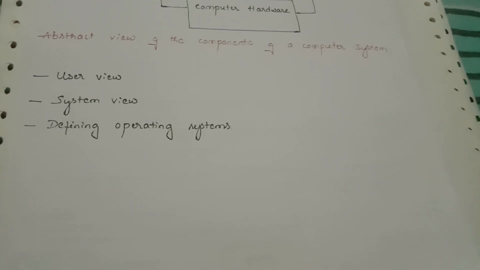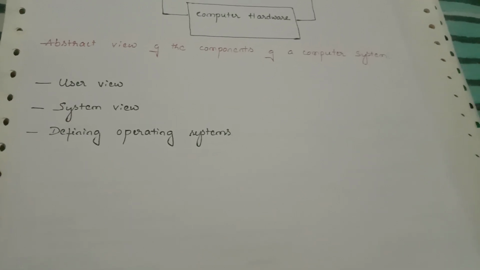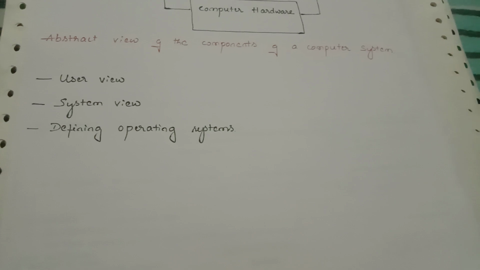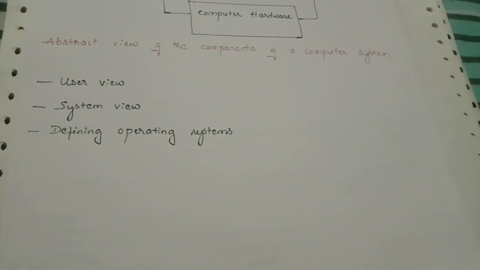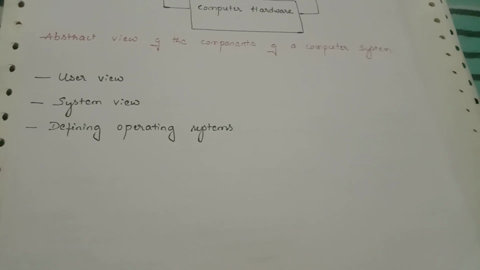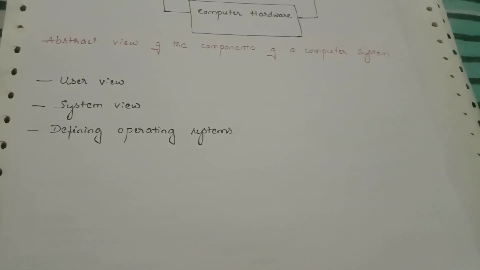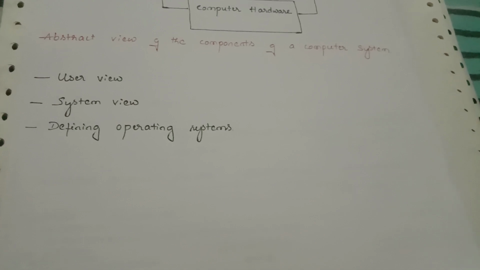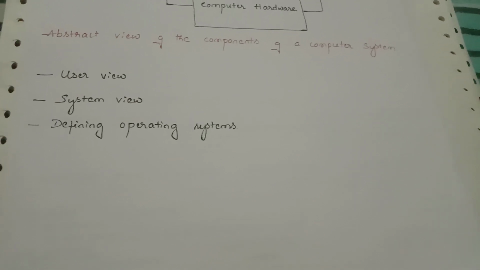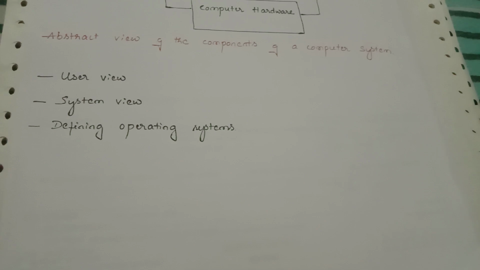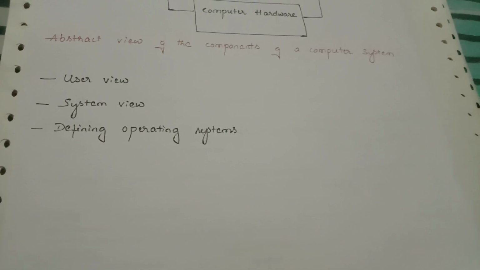Some computers also have little or no user view. For example, embedded computers in home devices and automobiles may have numeric keypads and may turn indicator lights on or off and show the status, but their operating systems are designed primarily to run without user intervention.